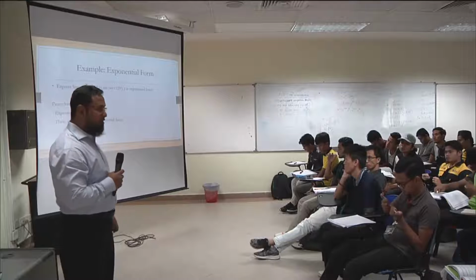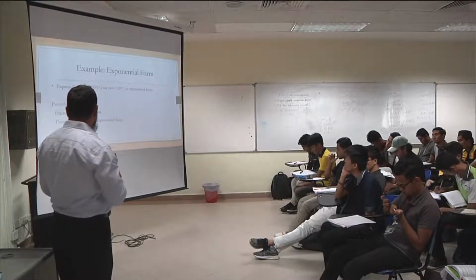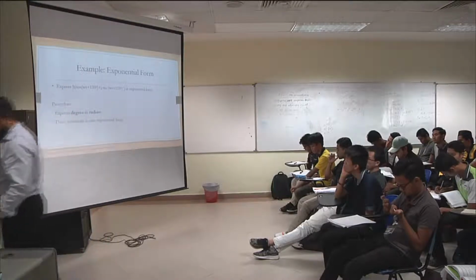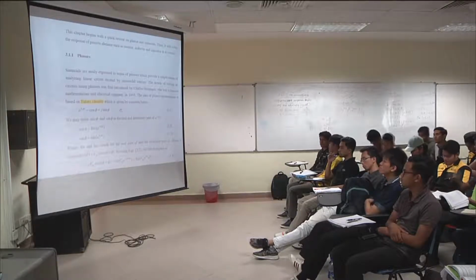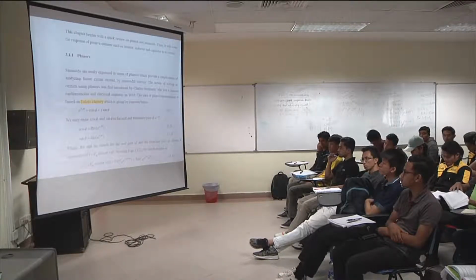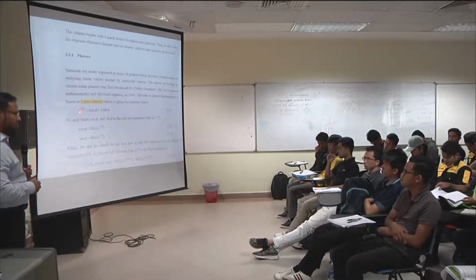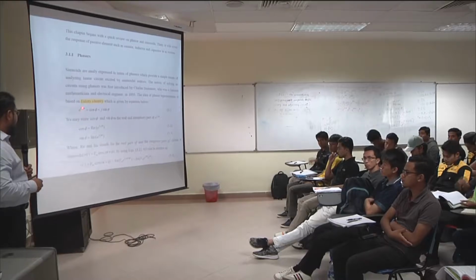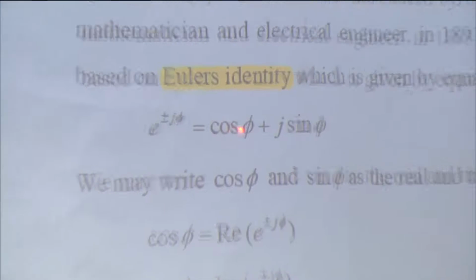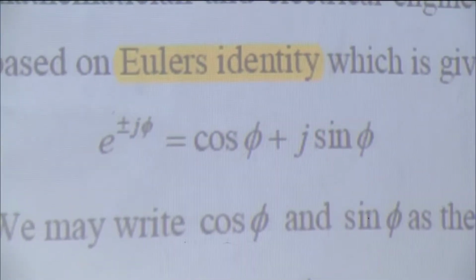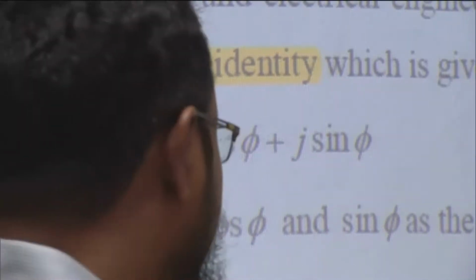There's something called Euler identity that gives us this relationship. I'll show you what Euler identity is just very quickly. This is the relationship that we get using Euler identity. Okay, so e to the power j phi is equal to cos phi plus j sin phi.